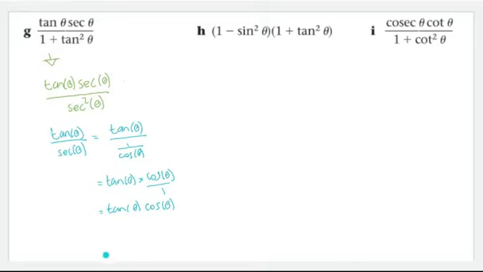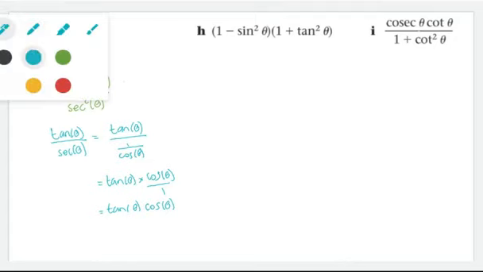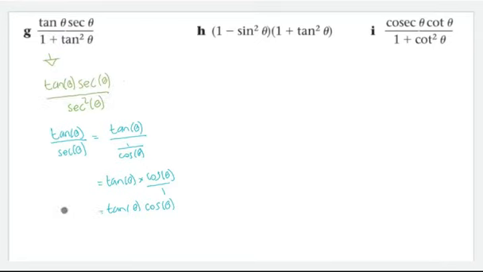And then from here, I was going to say sine theta over cos theta equals tan theta. Let's do it.